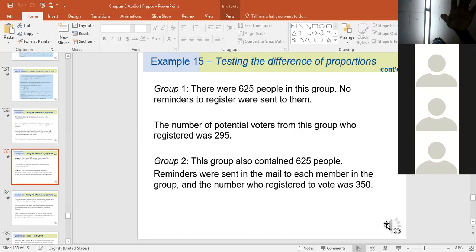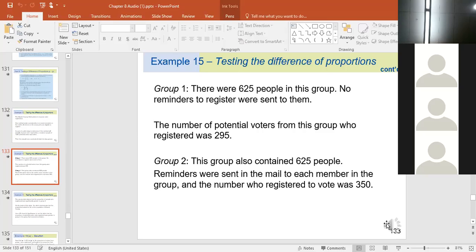So in group 1, no reminder was sent, 295. Group 2, reminder was sent, 350. Let's get to our calculator. We go to stat, test, two proportion Z test. We have N1, 625, X1, 295.